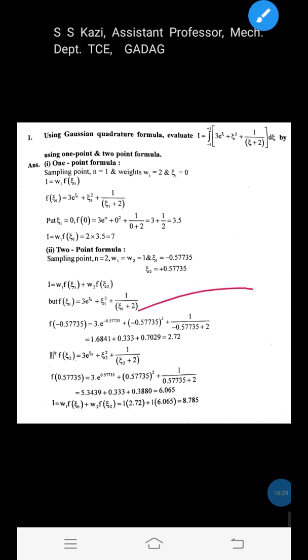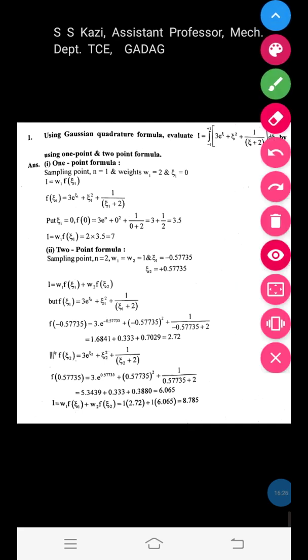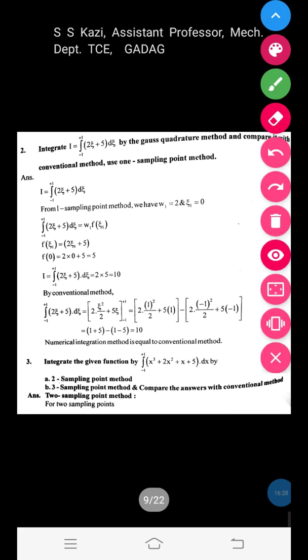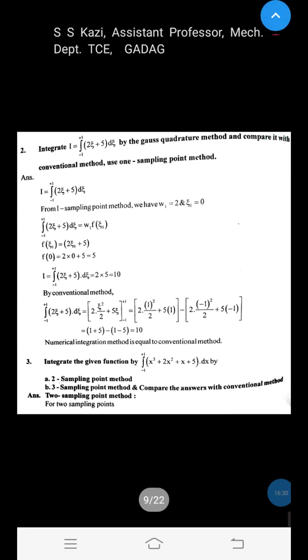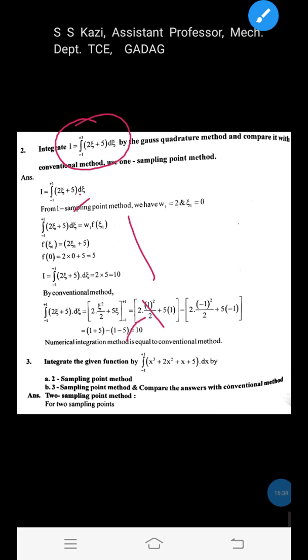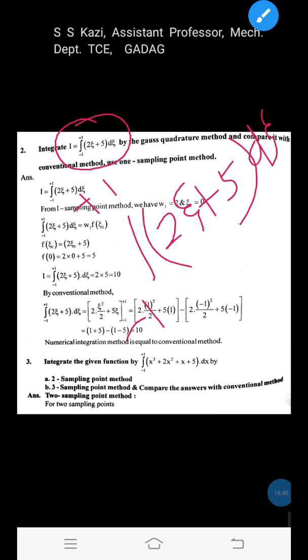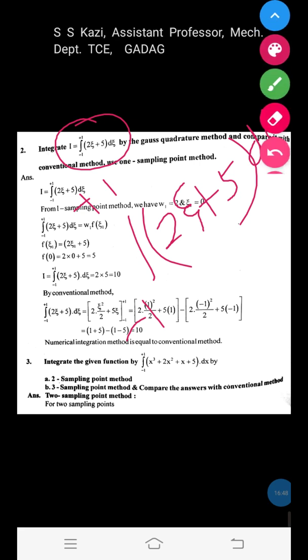Next we will move on to one more problem we will discuss now. The integration from minus 1 to plus 1 of 2 zeta plus 5 with respect to zeta. Evaluate this integral by using the 1 point method, and it is asked to compare it with the conventional method.